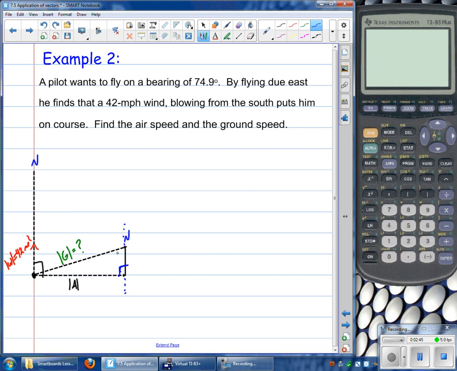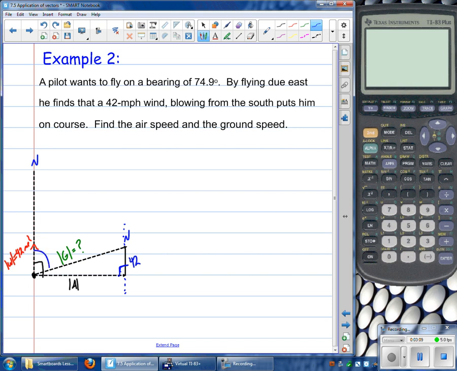So the wind speed here at 42 miles per hour is enough for us to find both ground speed and airspeed. All we're going to need is SOHCAHTOA, because we made a right triangle, or the Pythagorean theorem. The one thing we don't have is an angle other than the 90 and this one here.